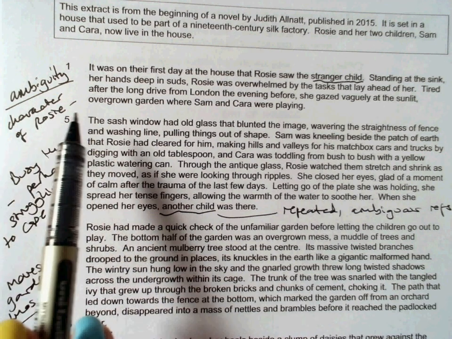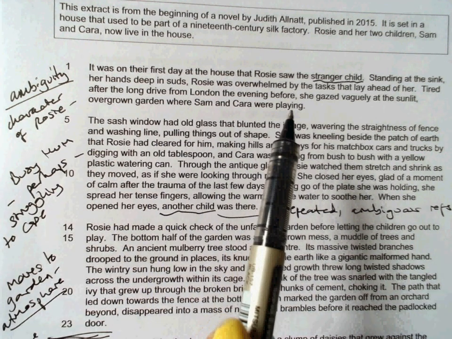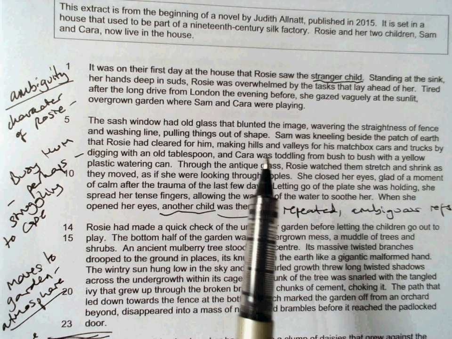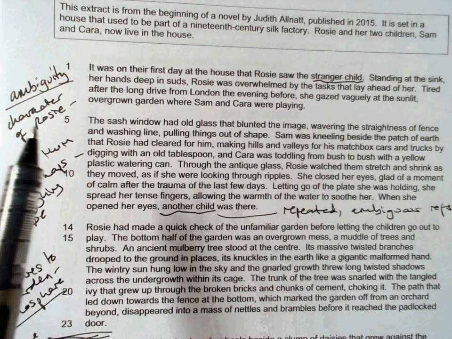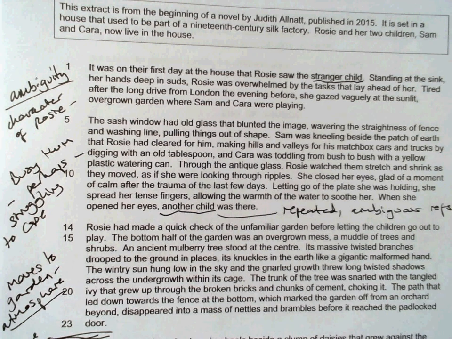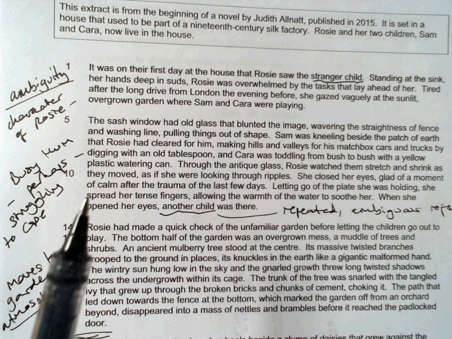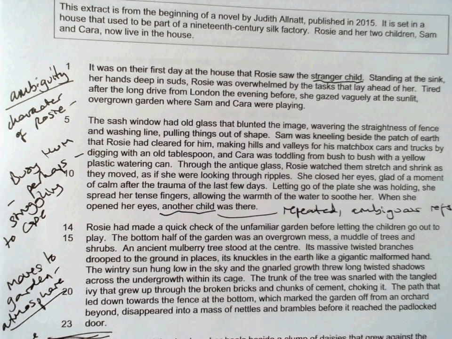We get the sense that she is tired and overwhelmed. She's a mum, her children are playing, but there's this ambiguous strange child, so an immediate sense of a slightly mysterious or unusual atmosphere is created, and that idea of the first day in the house, that she's in an unfamiliar environment.